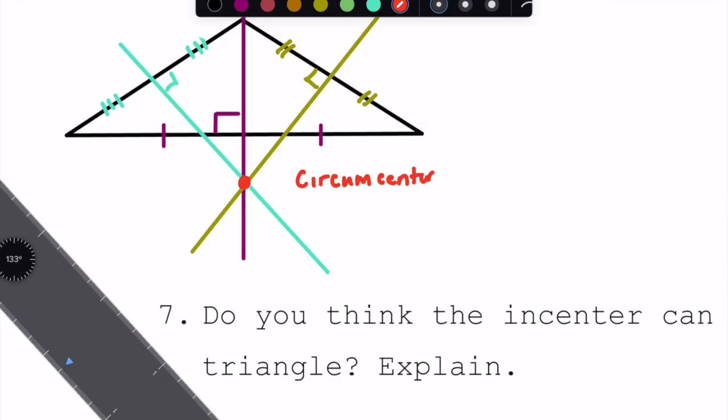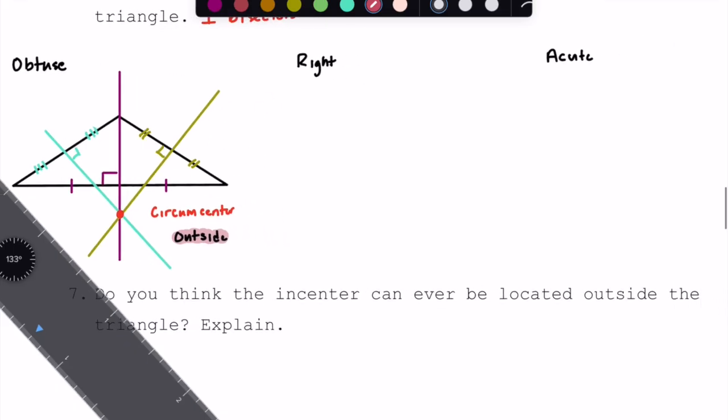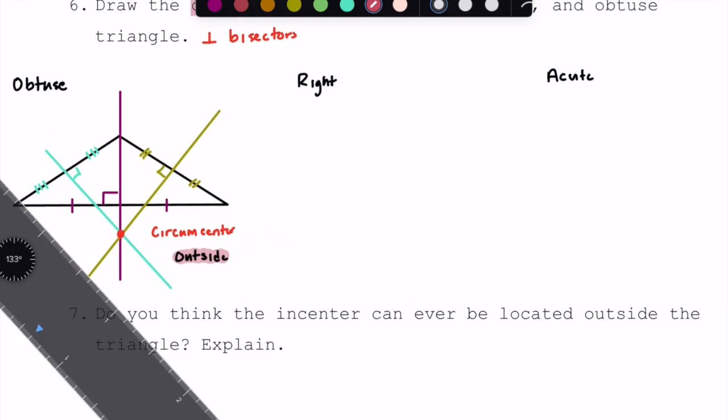So here's the circumcenter. This circumcenter is on the outside for an obtuse triangle. All right, so I want to make sure that you pause the video and try to see if you can draw the circumcenter for a right and an acute triangle.